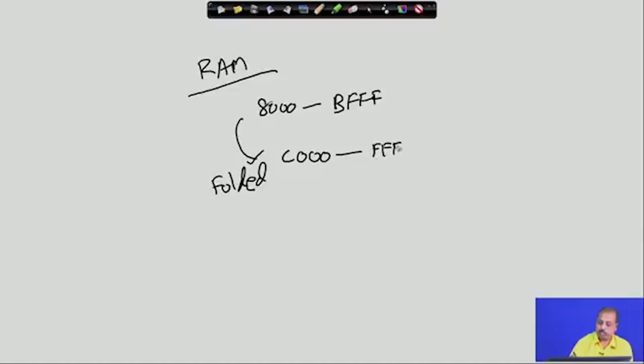So, this will be the folded address space. Okay. So, there is a folding here.